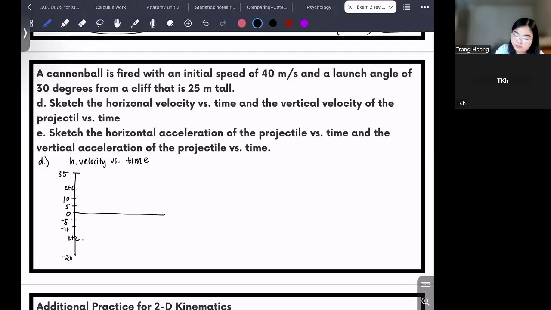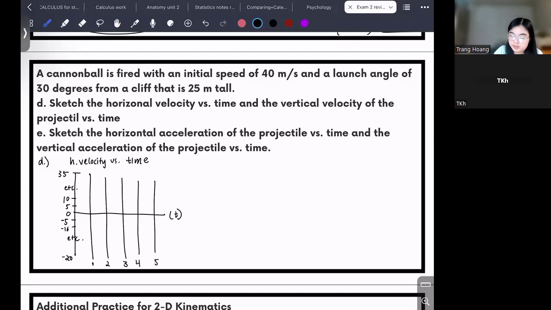Time. It's a little bit of a weird graph.